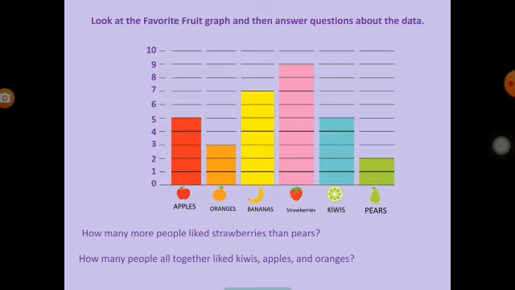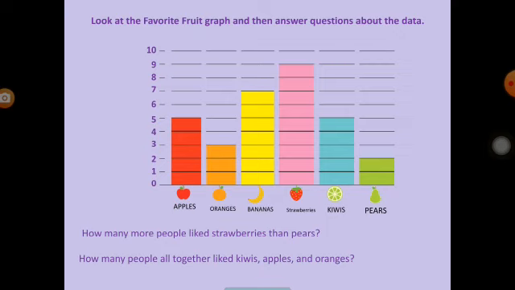I have 3. And how many bananas? I have 7. And how many strawberries? I have 9. And how many kiwis? I have also 5, like apples. And how many pears? I have only 2. So let's start reading the first question.